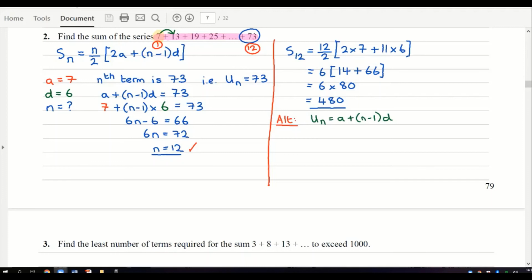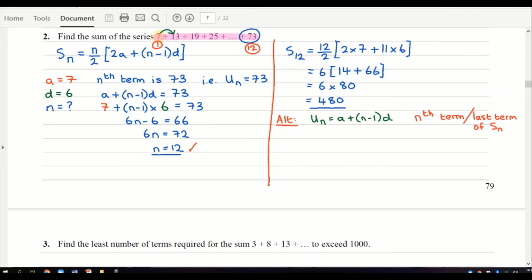So this is the nth term. And when you're summing n terms, it also means it's the last term of your series. Okay, it's the last term of your sum of n terms.